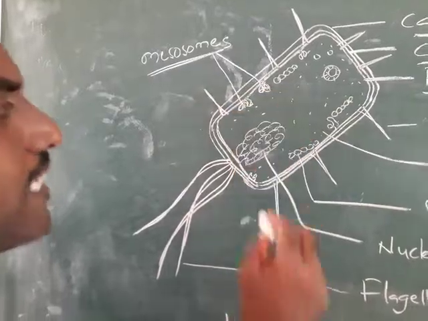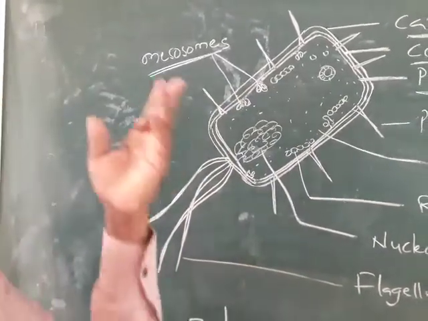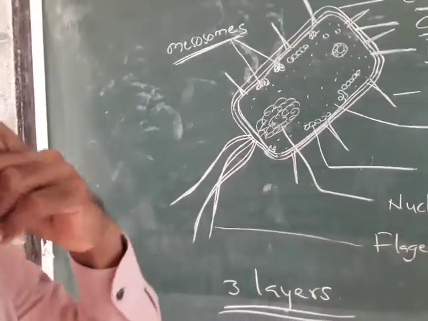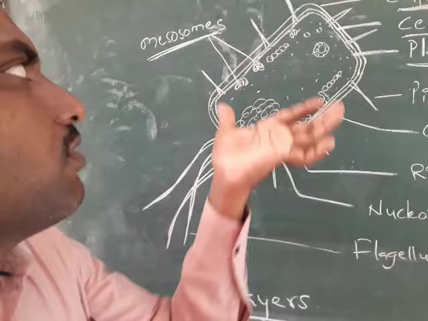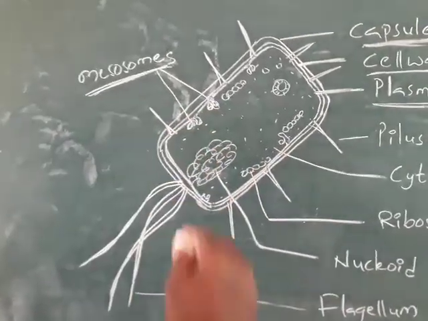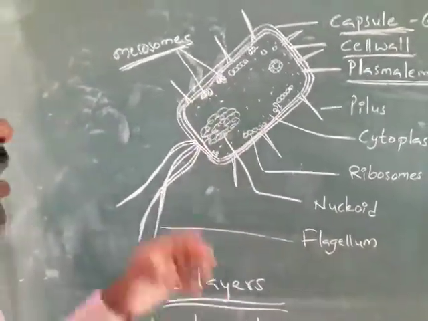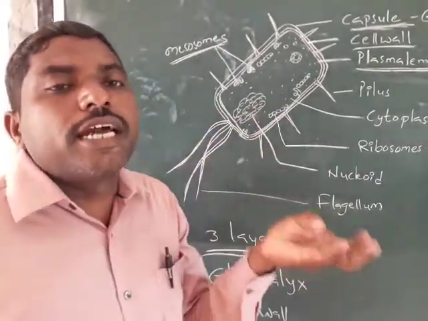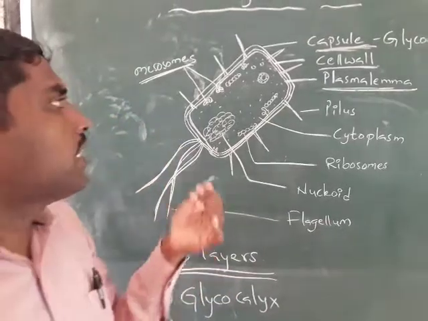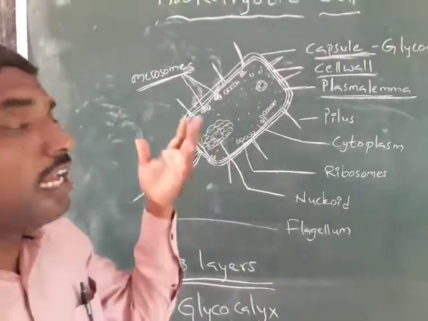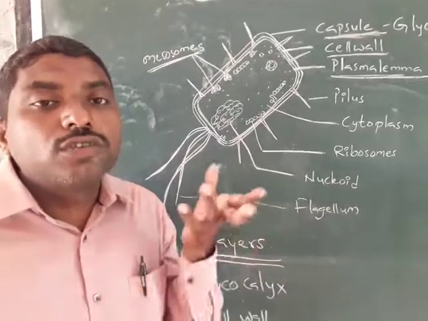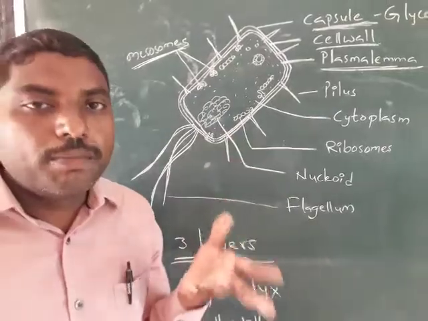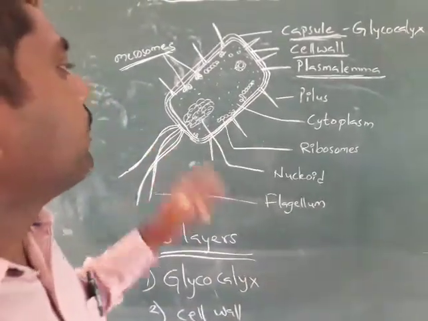They form vesicle-like and tubule-like structures. What is the main function of the mesosomes? They play a major role in respiration and the secretion process, they also help in cell wall formation, and they also help in the DNA replication process.